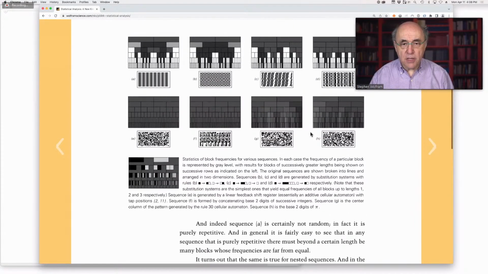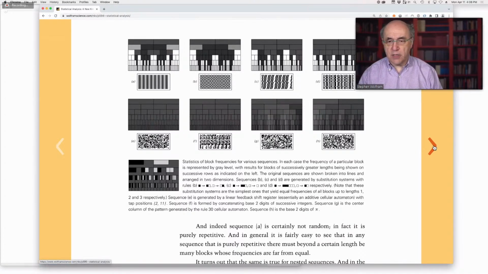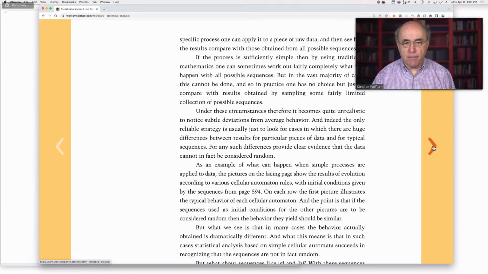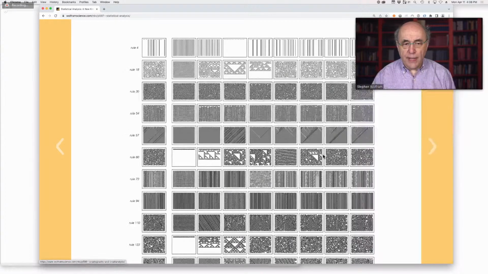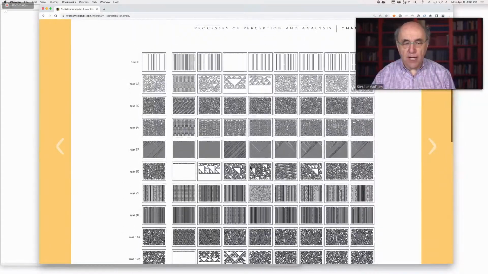This is about block frequencies. It's about how you characterize a pattern in terms of frequencies of blocks, and whether we can recognize things as random or not.